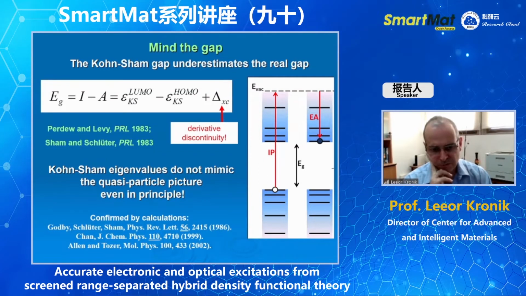So that has been confirmed numerically since by many calculations, and it's a most unfortunate conclusion because it means that Kohn-Sham eigenvalues do not mimic the quasi-particle picture even in principle, and therefore most people, instead of relying on DFT for quantities like that, turn to many-body perturbation theory based just on DFT as a starting point, going to a much heavier calculational machinery, also more difficult theoretically. They could do it, but these are very expensive calculations. And I'll have more to say about that in a moment.